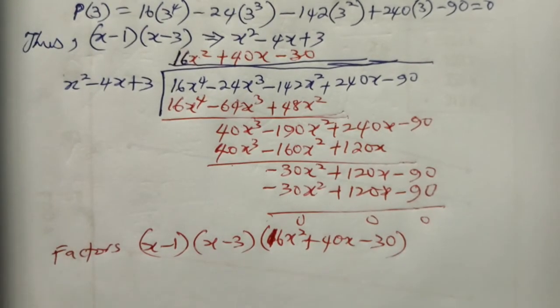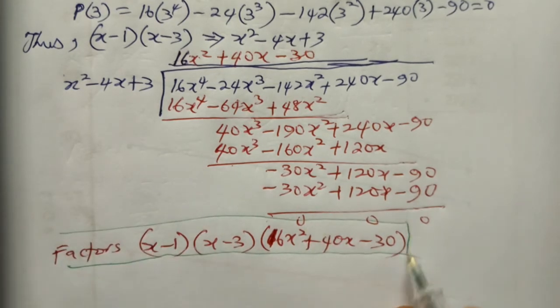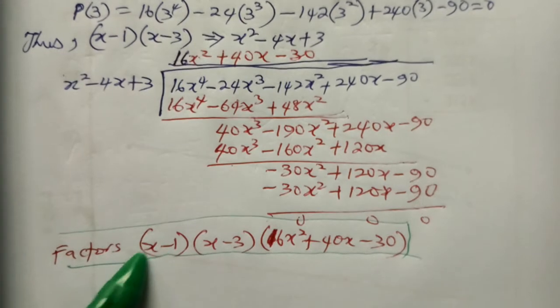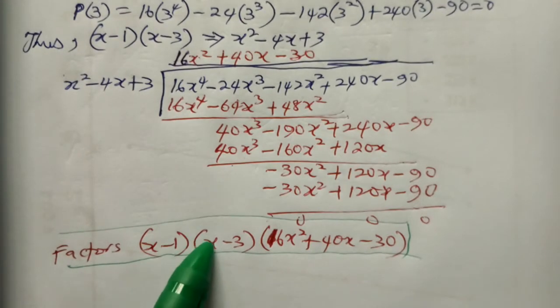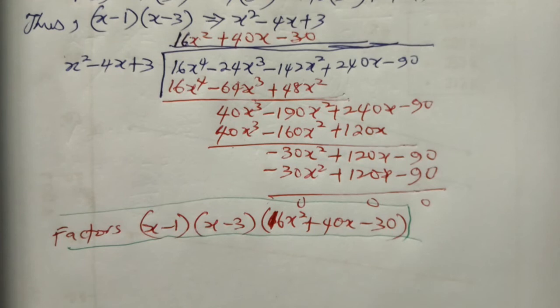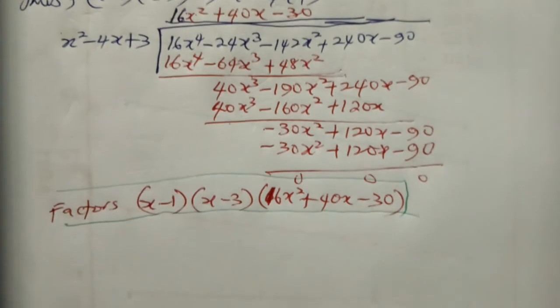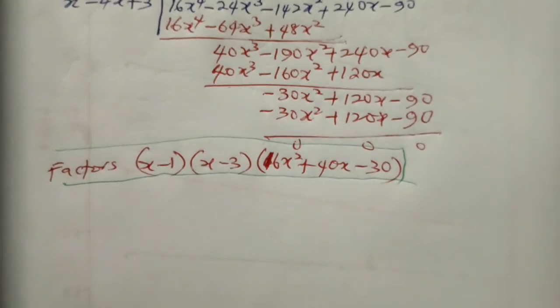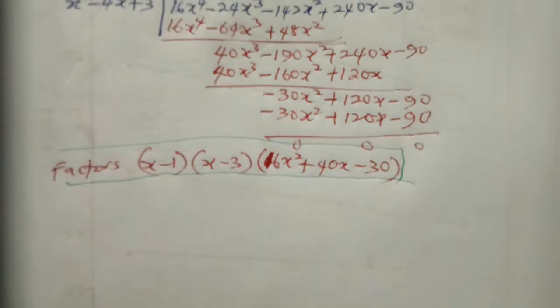So these are the factors that we are going to get. So we already know that one of the solutions is x equal to 1 and x equal to 3. So let's continue. To solve that quadratic equation, the formula method will be the easiest one to use.